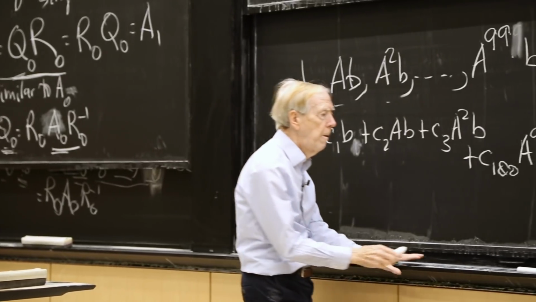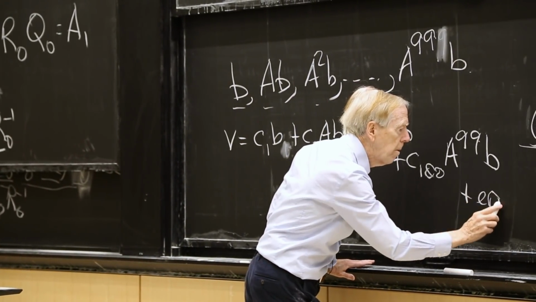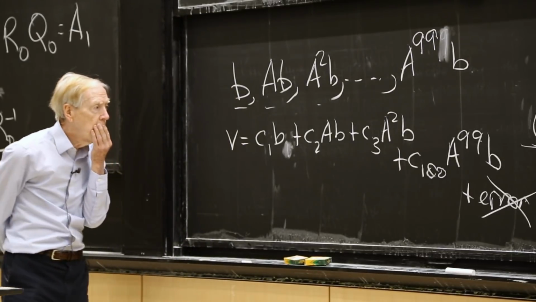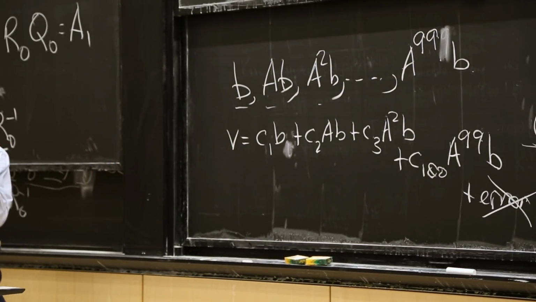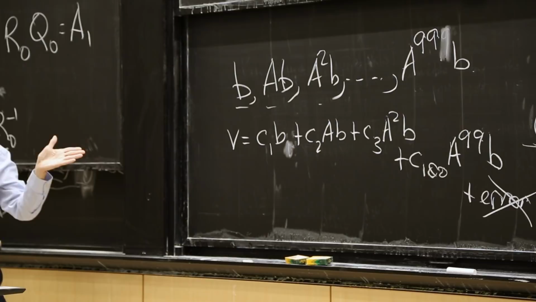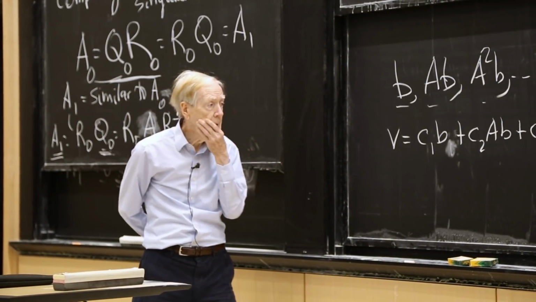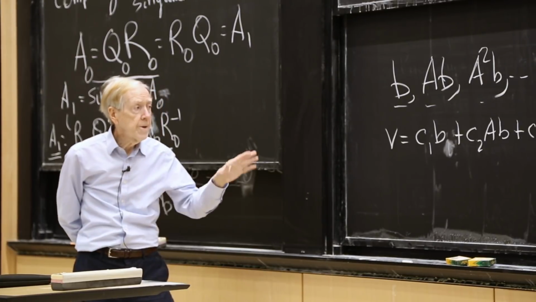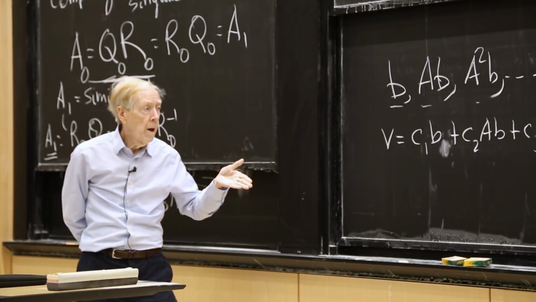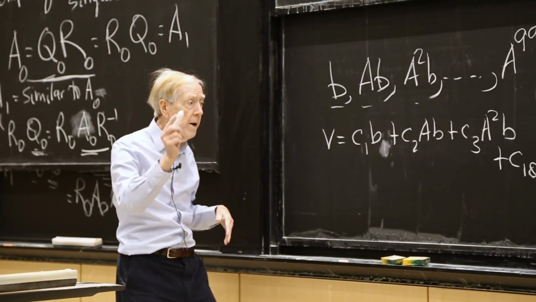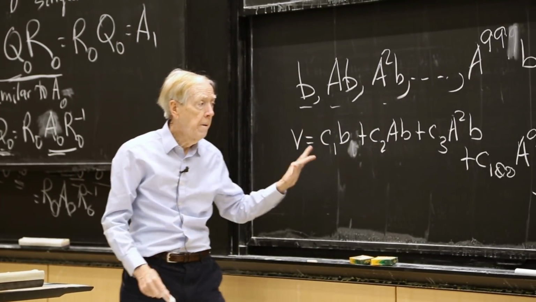Plus an error. And I'm going to ignore that error, because I've got up to dimension 100. I'd probably say it's pretty safe to ignore that error. And then in this space, just looking at the matrix A, wherever A to the 100th comes in, forget it.